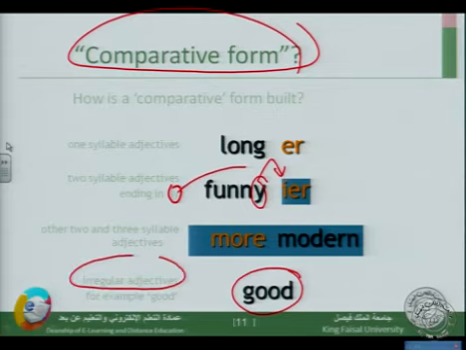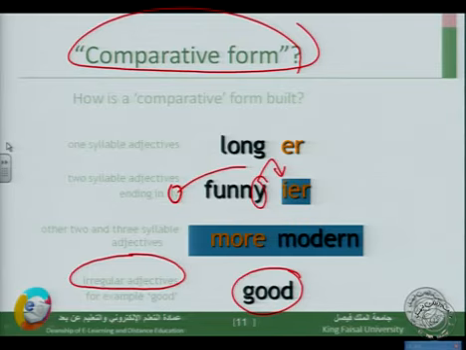Good is called an irregular adjective. With irregular adjectives, we cannot use ER or more because they have a different shape. They have a different comparative form.